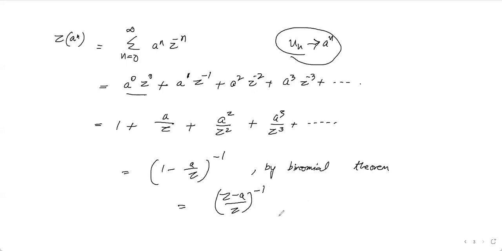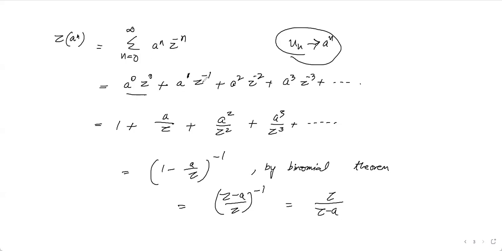Or we can write it as z by z minus a. Now, this is what we found for a power n.